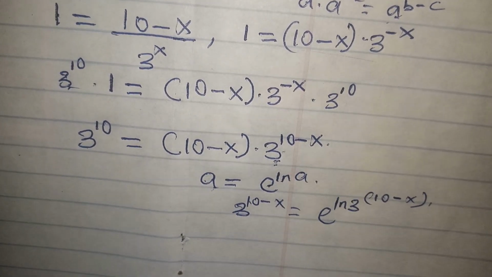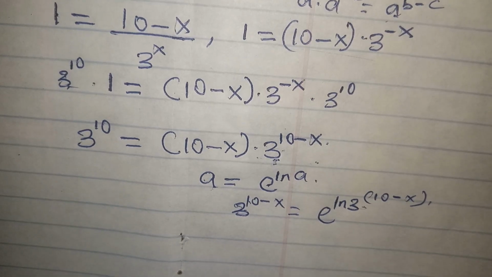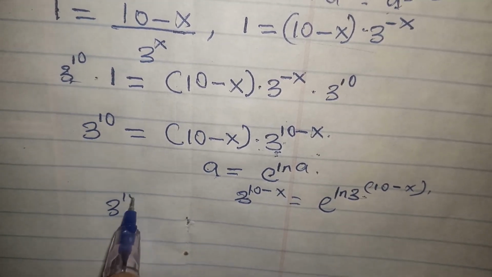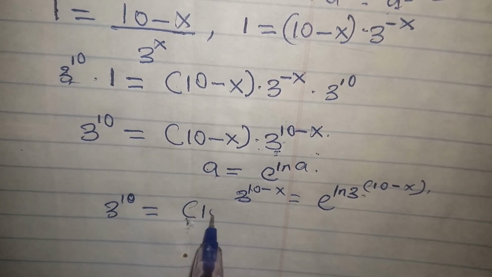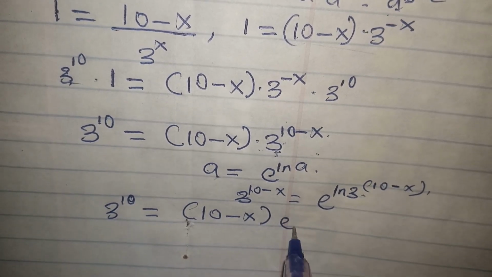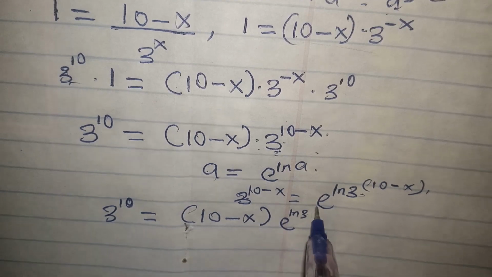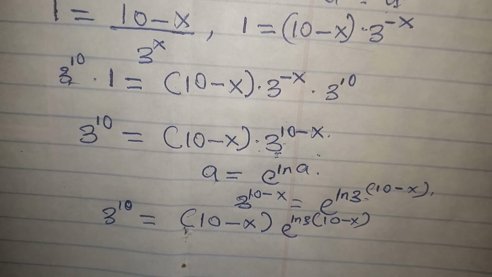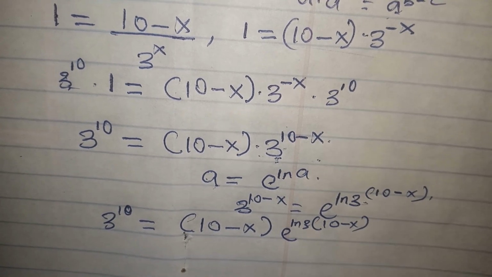So if we put all this at this point, we have 3 to the power of 10 equals (10 minus x) exponent of ln of 3 (10 minus x). Okay, so this is what we are now having.